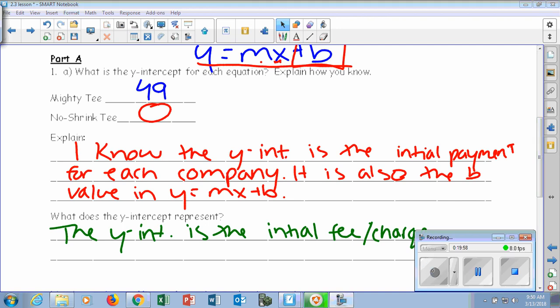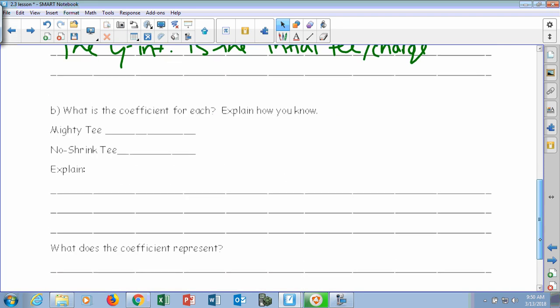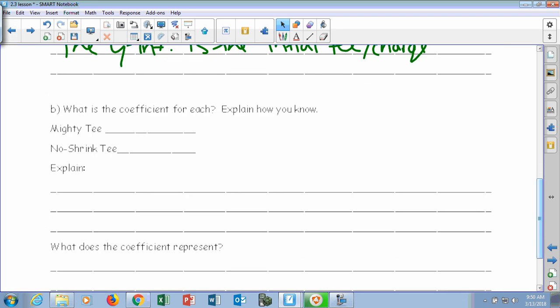Let's come back together. Let's go on to B. Mighty T's coefficient. Sam, what did you find for the coefficient for mighty T? 1. How did you find that?